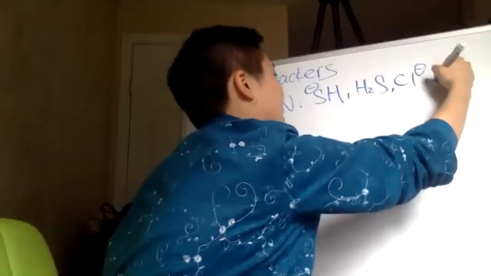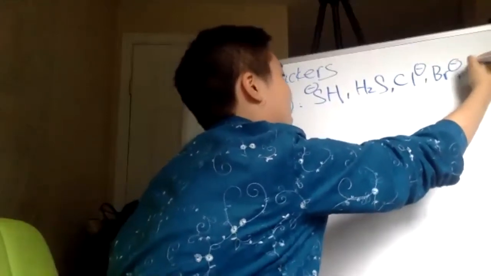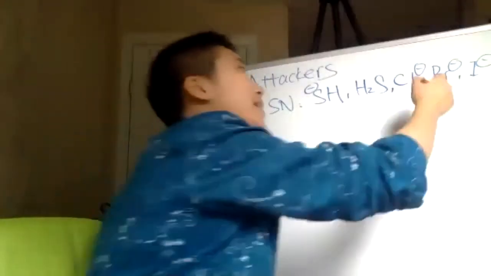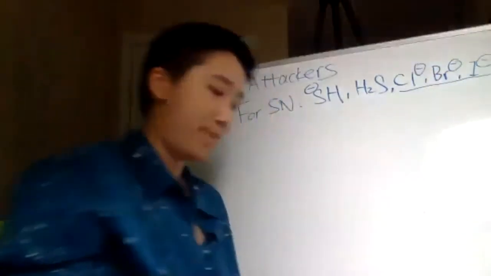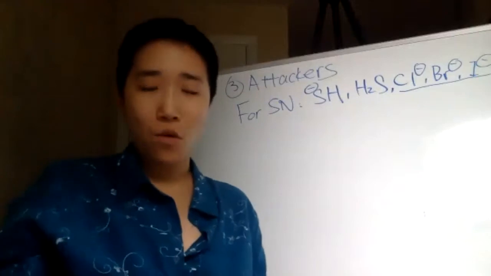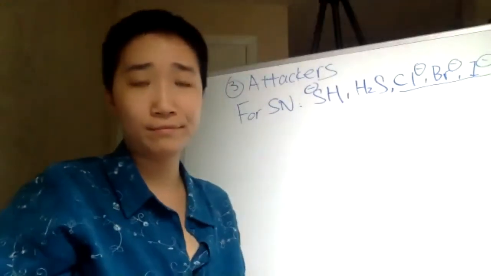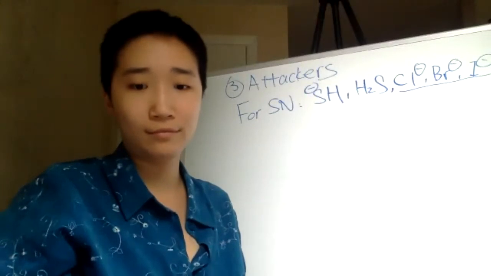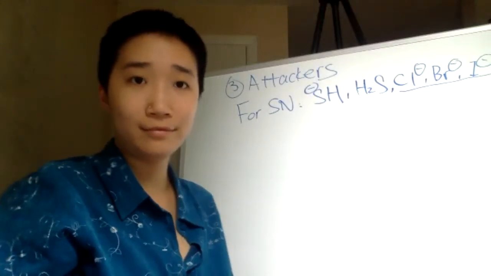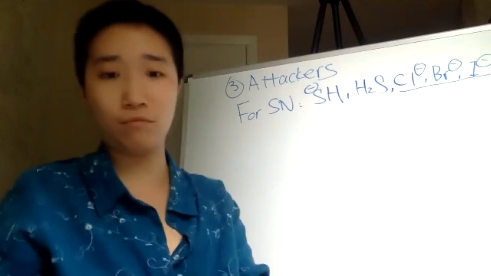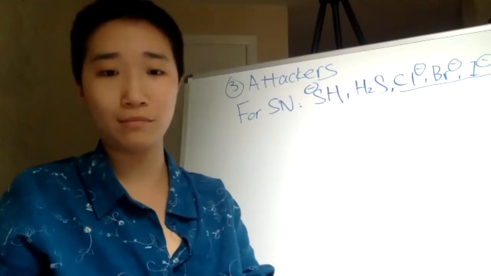Cl minus, Br minus, I minus. Let's pay attention to the last three. They're halogens. Why do you think they cannot act as good bases? They have minus charges. So what's the problem?